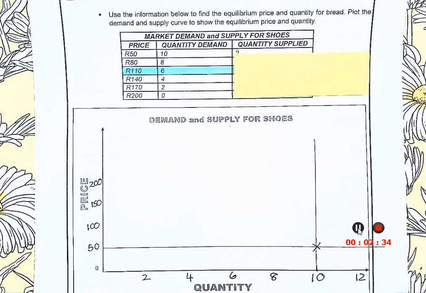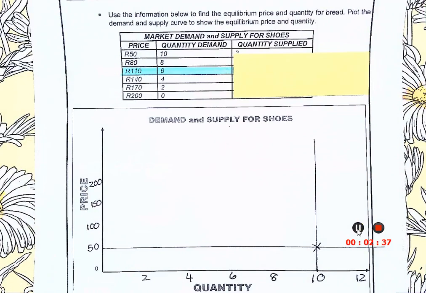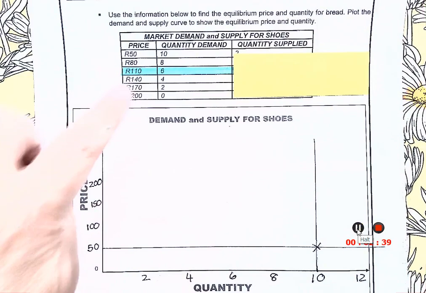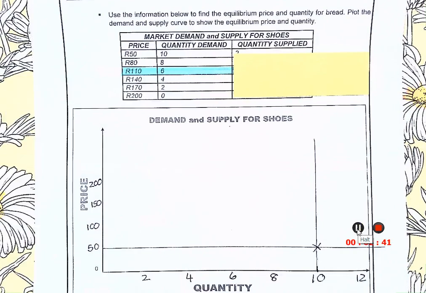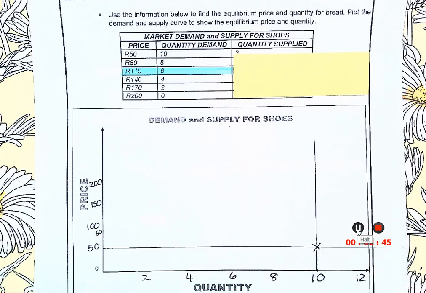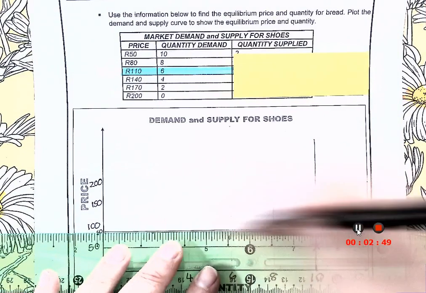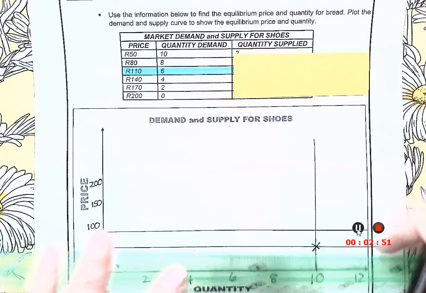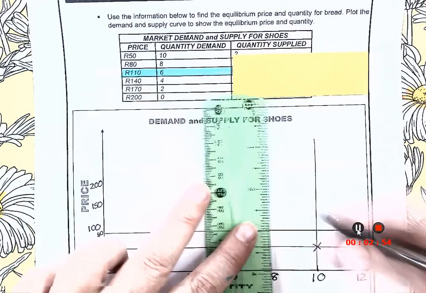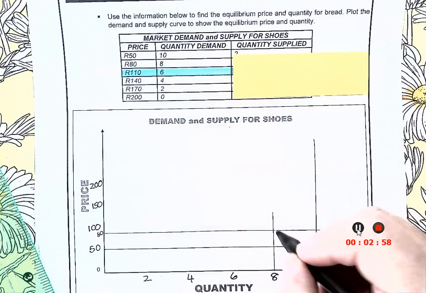Now do for me the 80 and the 8. The price is 80, so 80 would be about here. And my demand, my quantity, is 8. So it will go here.